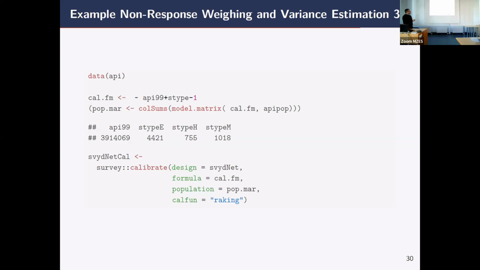And I'm simply calculating this here using the model matrix function. You can look how this works, but this just computes the totals for these variables out of that data set. And then you can also specify here the calfun. I'm using here the raking algorithm. I could also use linear. I think logit is also included.